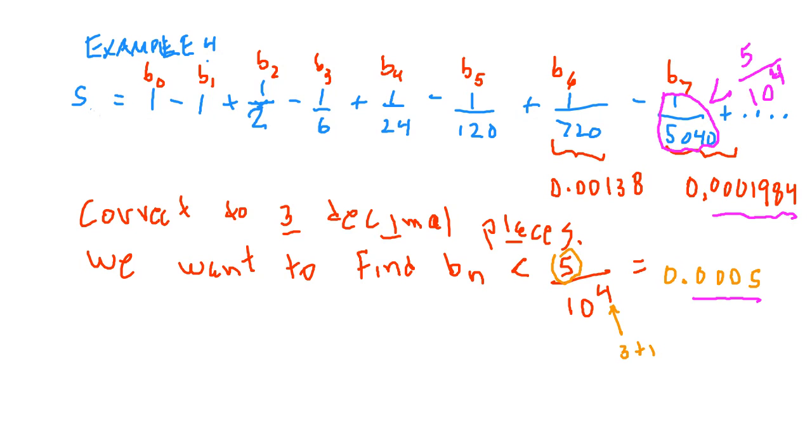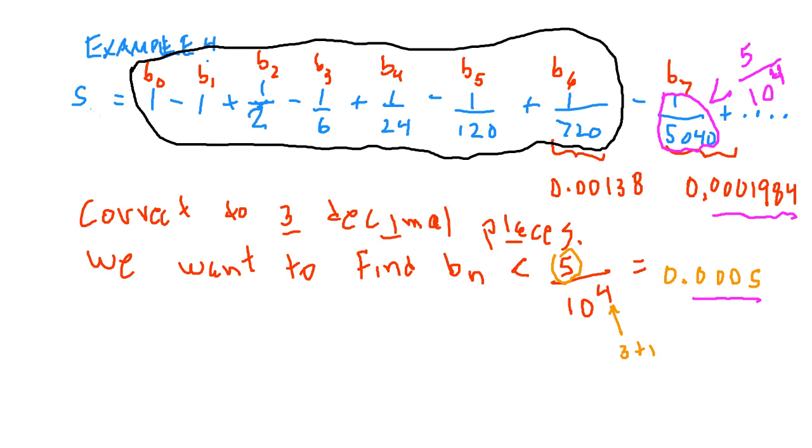This means then that the sum of the first 7 terms will be sufficient to approximate the sum of the series correct to 3 decimal places. So this is how I'm applying the alternating series estimation theorem.